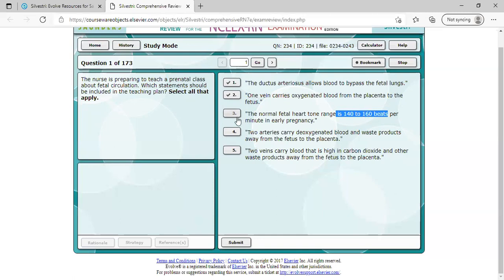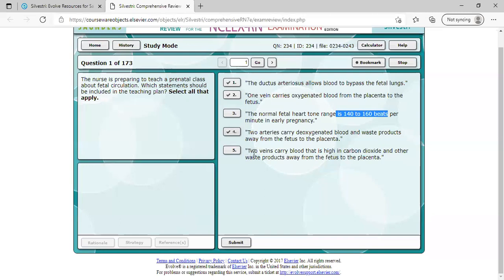So it is not true. Then two arteries: one vein, two arteries carry deoxygenated blood and waste product away from the fetus to the placenta. Very true. One vein, two arteries.